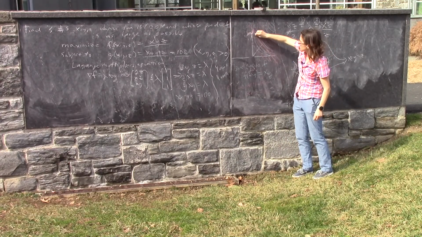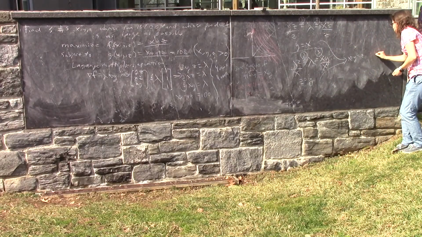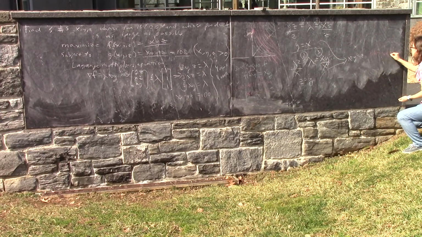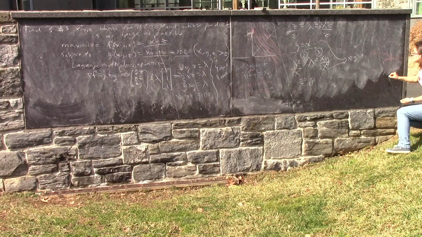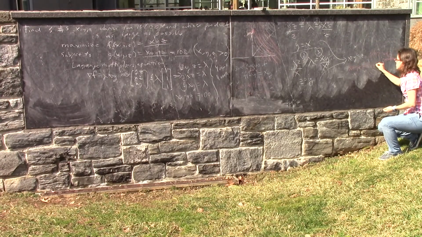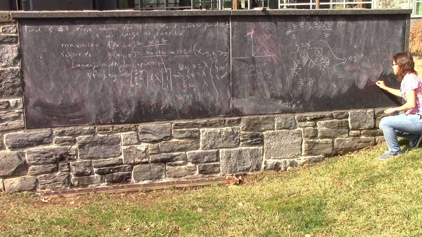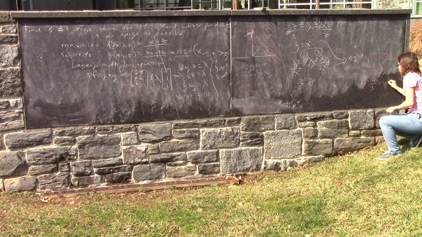Like this is the one that we like. So we now plug into constraint. We have x plus y plus z equals 100. So this tells you 3x is 100. So x is 100 over 3, and so is y, and so is z.